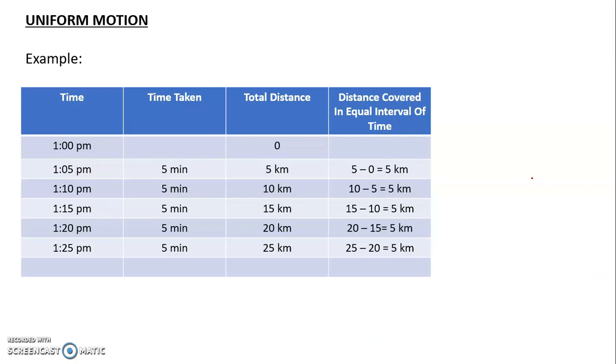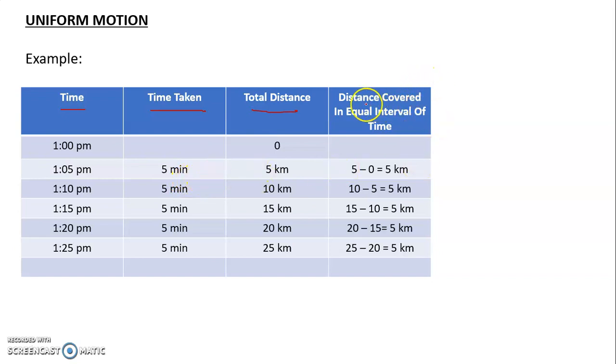Now let us move on to an example of uniform motion. Can you see this chart, students? In the first column, the time is given to you. In the second column, the distance covered by the object, a cycle or a car, whatever, in this particular time is given.